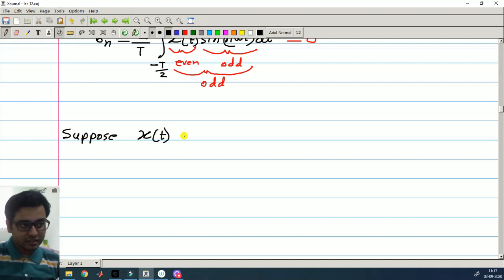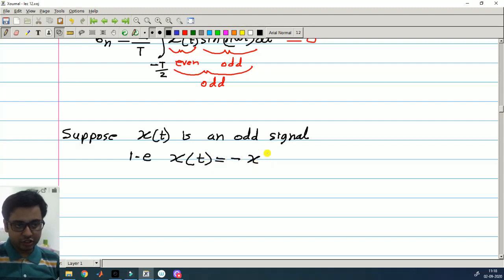In the same way, suppose x(t) is an odd signal, which means x of t is equal to minus of x of minus t.